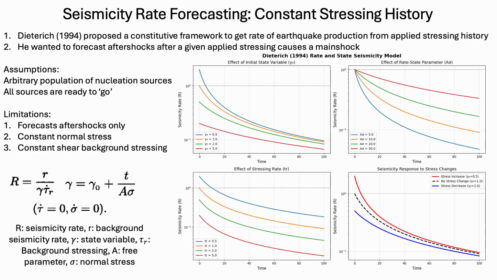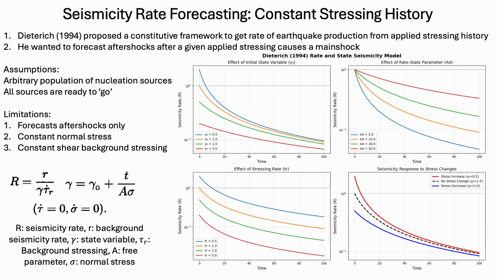For progressively increasing values of A sigma, we can see that the Omori decay dies down. With a very low value of A sigma, the Omori decay is quite high, and for a very high value of A sigma, the Omori decay is just dying out.